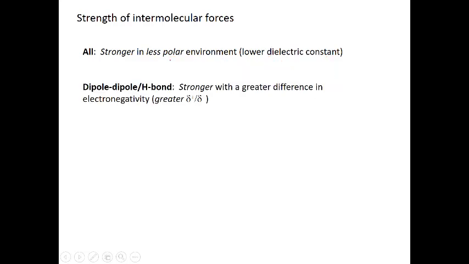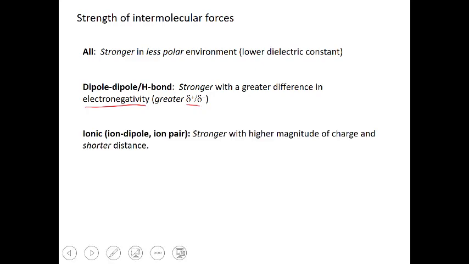Dipole-dipole forces and hydrogen bonds tend to be stronger with a greater difference in electronegativity, right? And that's because you get a greater magnitude of your charge. And once again, higher magnitude of charge, stronger intermolecular force. Ionic interactions also are stronger with the higher magnitude of charge and with the shorter distance. Same thing is true for hydrogen bonds as well.